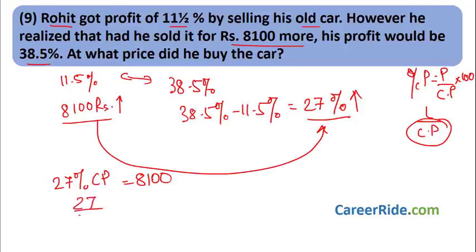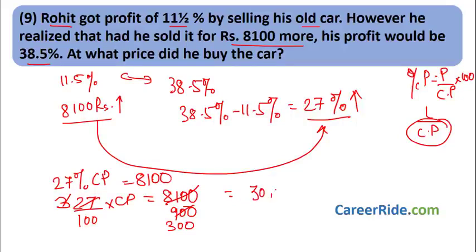So that would be 27 upon 100 into cost price is equal to 8,100. 9 9s are 81, 9 3s are 27, so that would be 3 into 300. So cost price would be 100 into 300, 30,000 rupees. So this is the cost price of the car, or the price at which Rohit bought the car. Moving to next question.